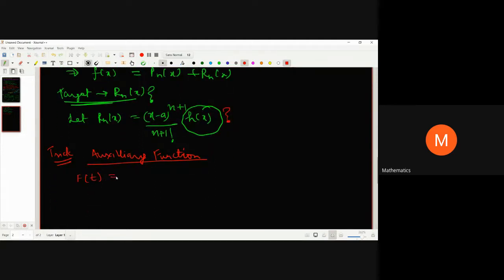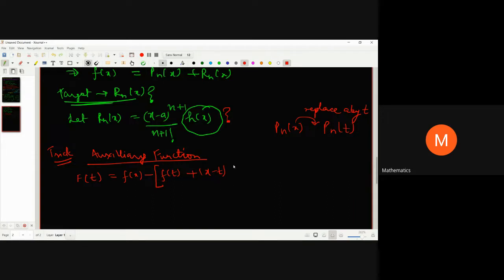I define a function capital F(t) as f(x) minus f(t) plus, in the polynomial P_n(x), replace a by t.